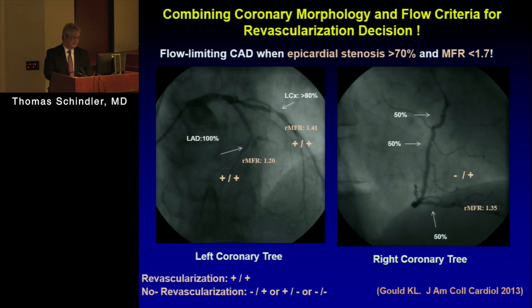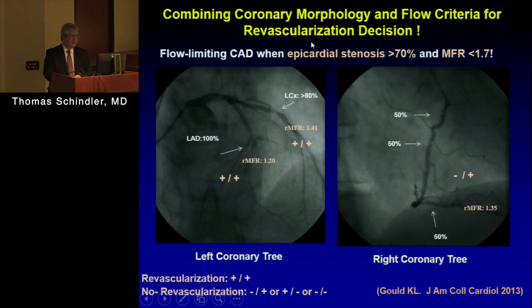And then we have set up criteria with Lance Gould, who is also coming from Houston. He was actually the first with Heinrich Schelbert to establish flow quantification. And then in our position statement paper, we said, okay, epicardial lesion more than 70% and flow reserve less than 1.7, that's a criterion to say, okay, this lesion causes flow limitation or ischemia.